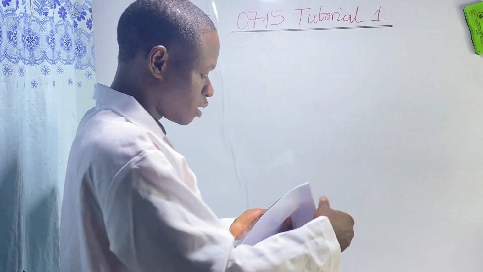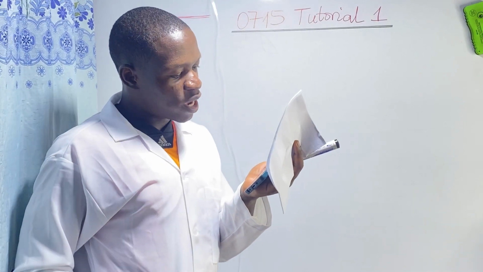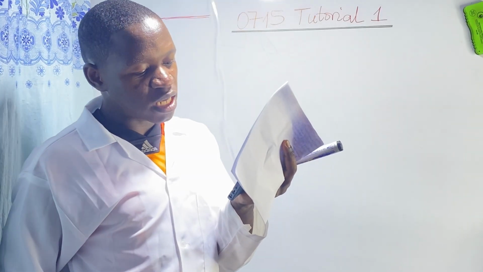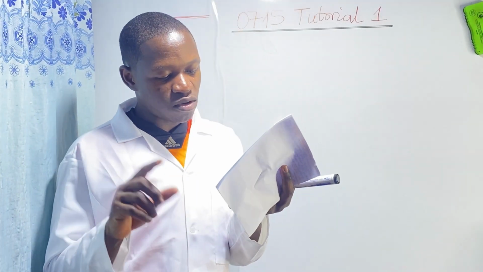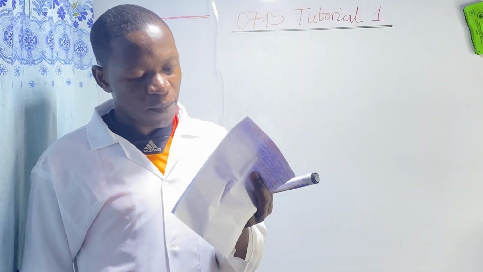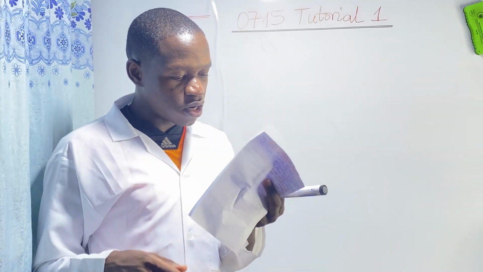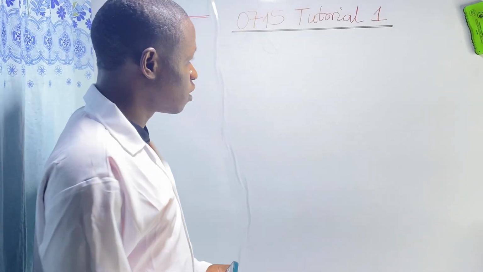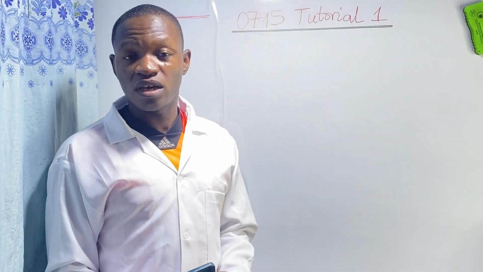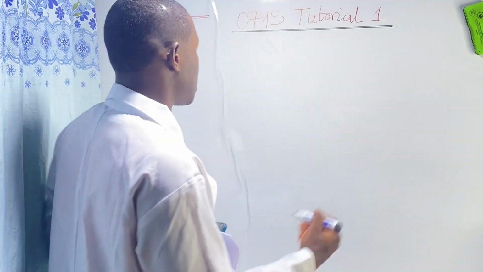The next question says that when 21.6 cm cube of 0.18 molar sulfuric acid neutralizes sodium hydroxide solution, 0.30 gram of salt, sodium sulfate, was obtained after evaporation and weighing. Determine Roman 1, the molarity of the sodium hydroxide solution. So here we are reacting an alkali with an acid. The first thing, we write the balanced equation for the reaction.